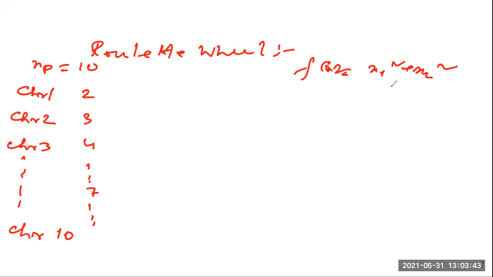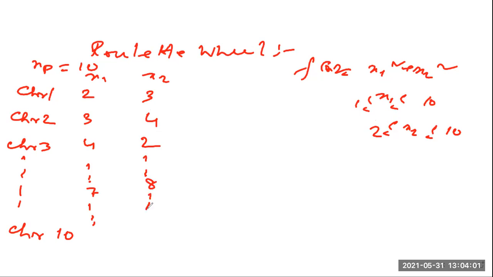X1 is between 1 to 10, and X2 is, let us say, between 2 to 10. So these are your X1 values, and similarly you will choose X2 values. X2 values will be, let us say, 3, 4, 2, 8, 9, 5.